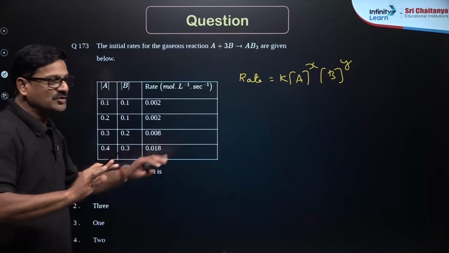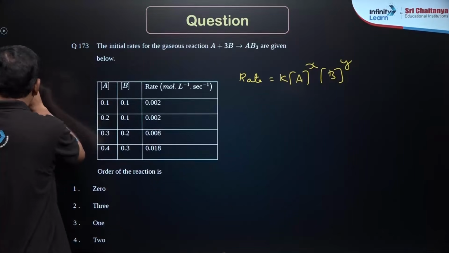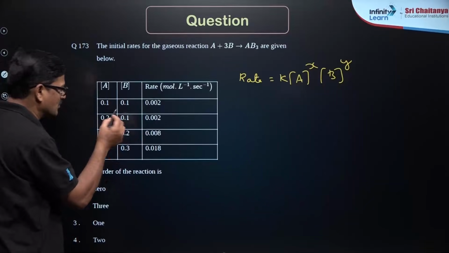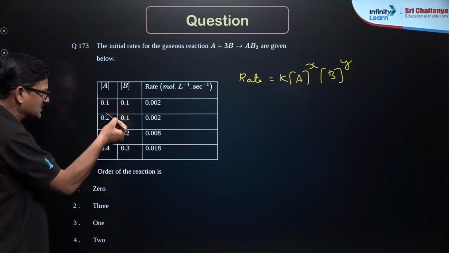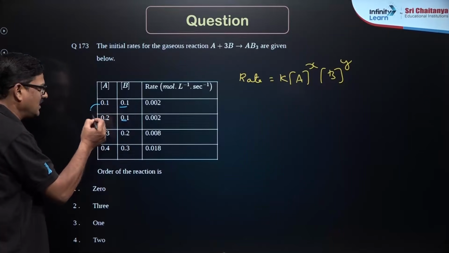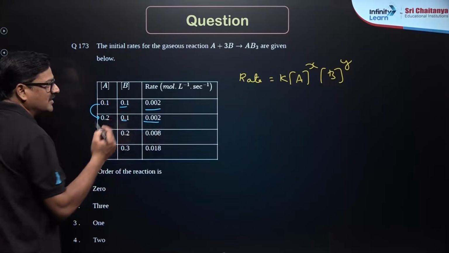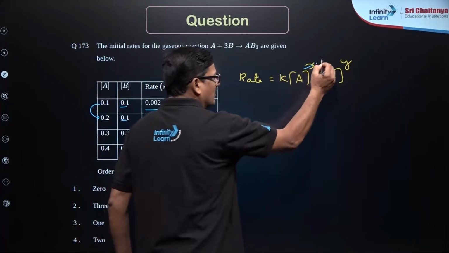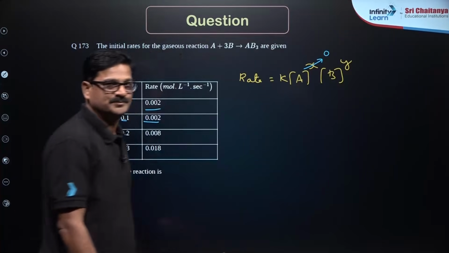I don't want to do the numerical here, rather I just want to show you how to tackle this question. Initial concentration of A is doubled, B kept constant. When A is doubled, rate is independent. So I want to say it is going to be 0.